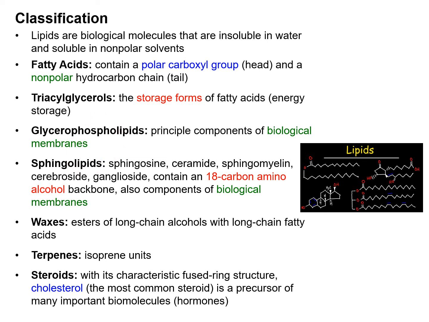Then the waxes, whose structure you can see here, are esters of long-chain alcohols with long-chain fatty acids. Terpenes are made of isoprene units, and steroids are another quite important lipid class with a characteristic fused ring structure. A well-known example is cholesterol, which is the most common steroid.